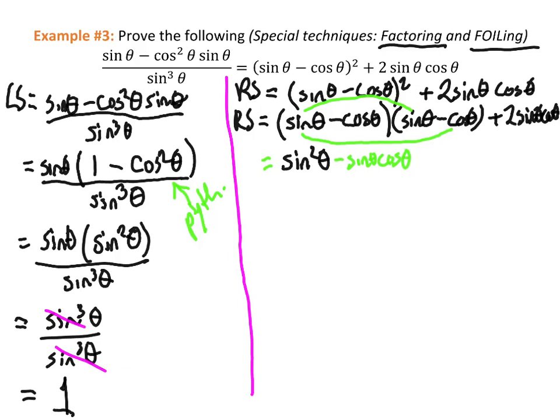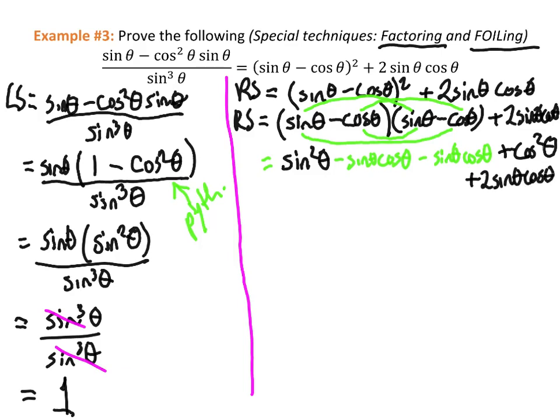And then your inside terms here, so that's these two. Negative cos theta times sine theta, so it's another negative sine theta cos theta. And then my last term, negative cos times negative cos. Well, that will make a positive cos squared theta. And then I still have this at the end, right, my plus 2 sine theta cos theta.